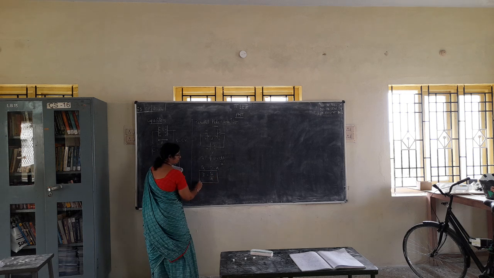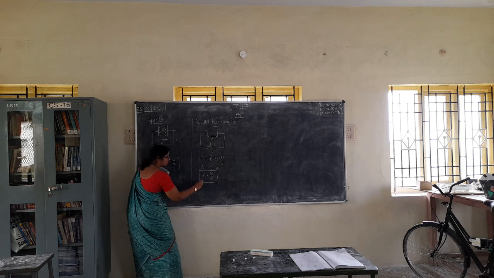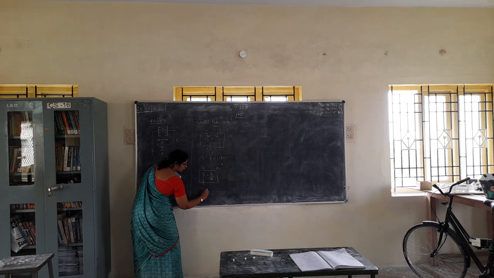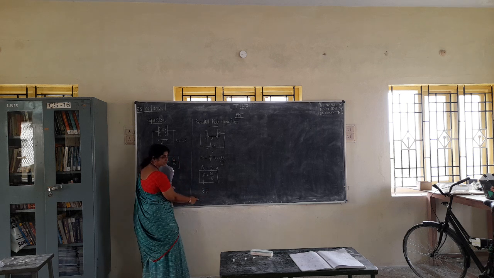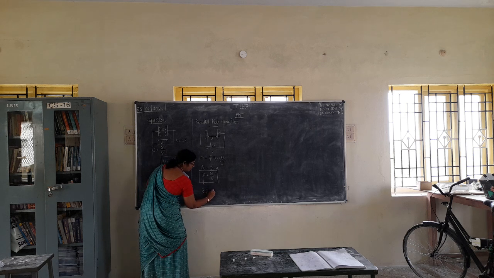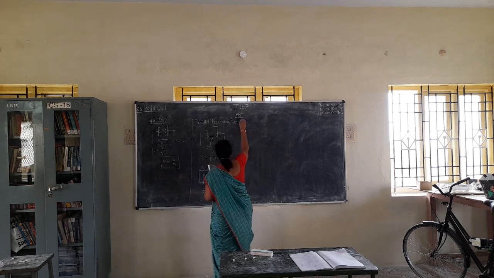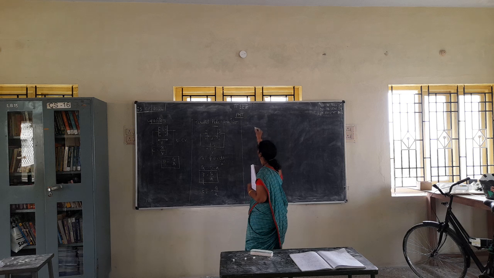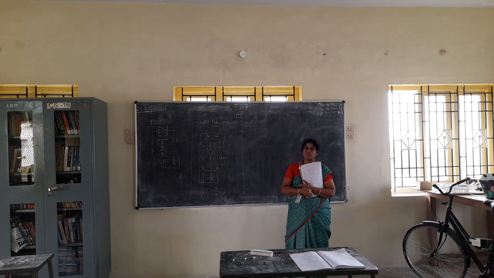We also know that in terms of electric flux density, D is equal to epsilon E, which is equal to Q by A. Next, we need to know what E is.